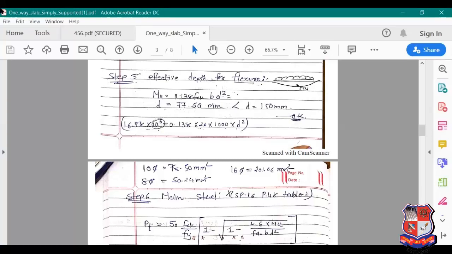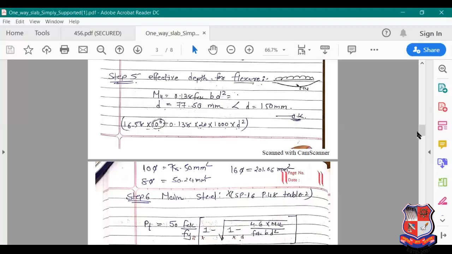So in flexure, or in bending, the slab is safe. And don't forget to add 10 raised to 6, as the moment is in kilonewton meter and the rest of our dimensions are in mm.